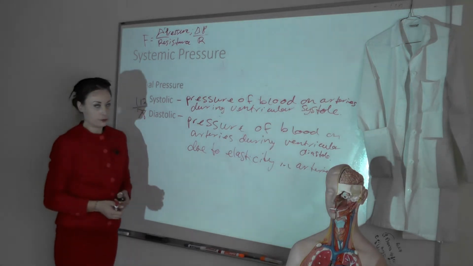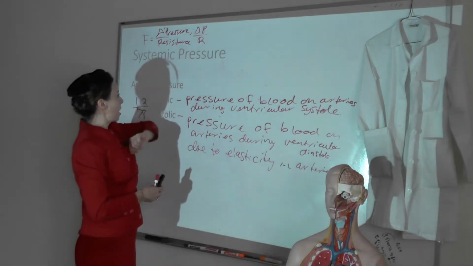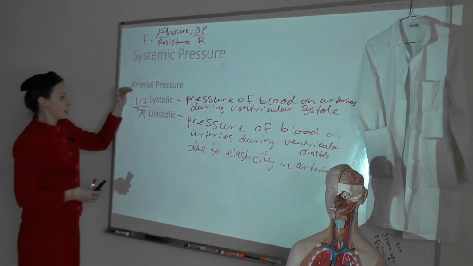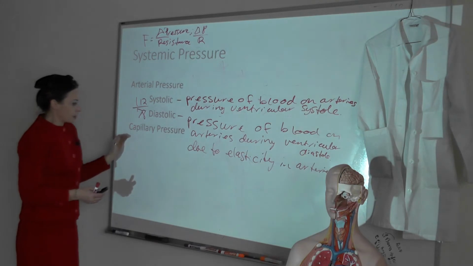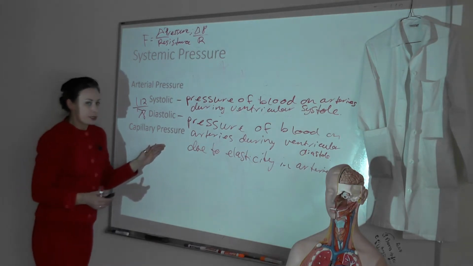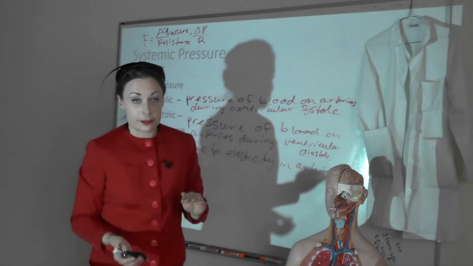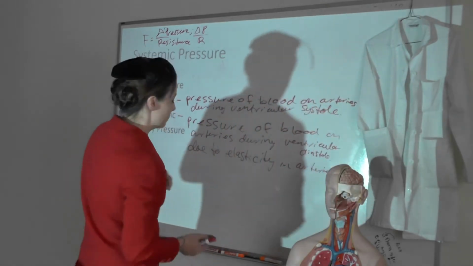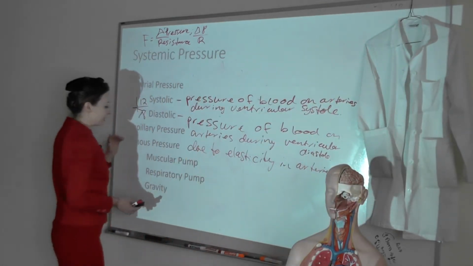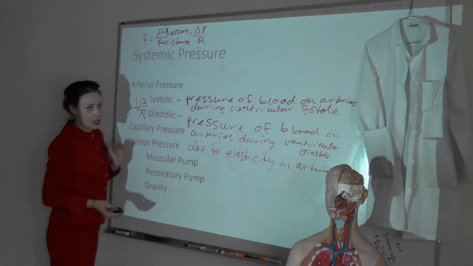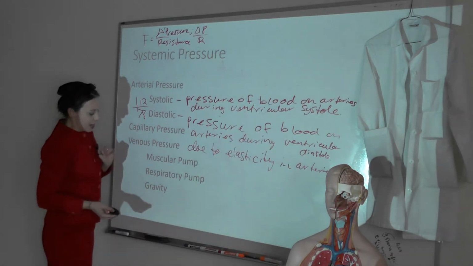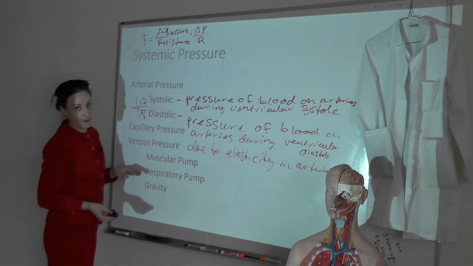Okay. So the systemic pressure on arteries is due to what's going on in the heart. The pressure in capillaries is due to chemistry and physics, and we're going to talk about that in a moment. The pressure on venous blood is coming from the milking action of your skeletal muscles as you move, and from what's called your respiratory pump.